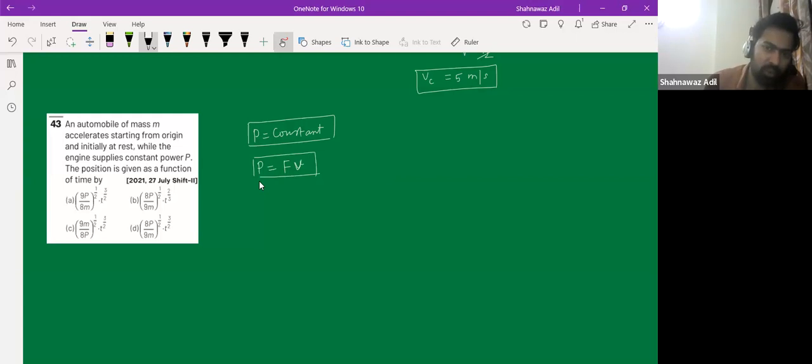And you know how velocity is related with everything, and how acceleration is related with everything. You have to find out the position, x.